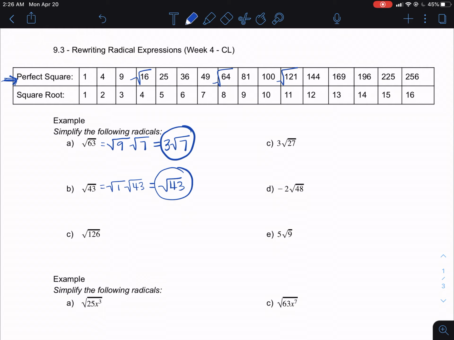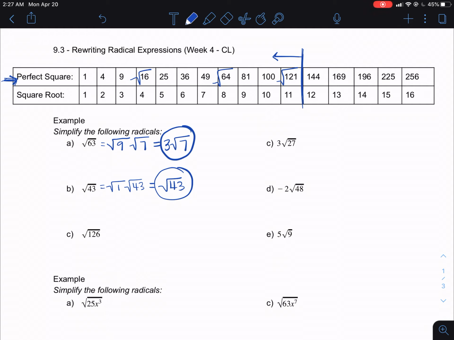So looking at C, the square root of 126, if you don't know two numbers that go into 126, look at this table. We know 126 falls in between 121 and 144, and you're going to work your way down your numbers until you find a number that goes in and gives you a whole number other than a decimal.